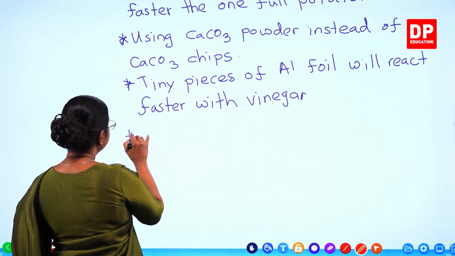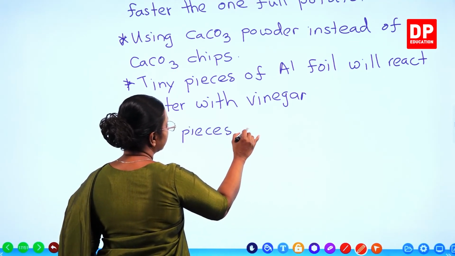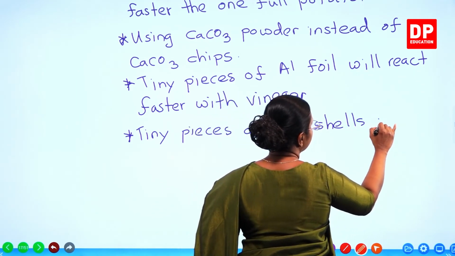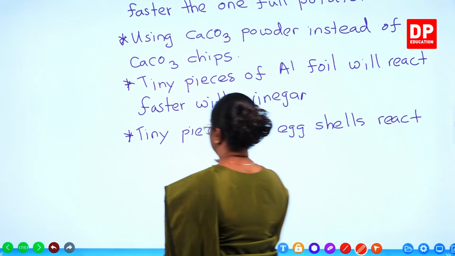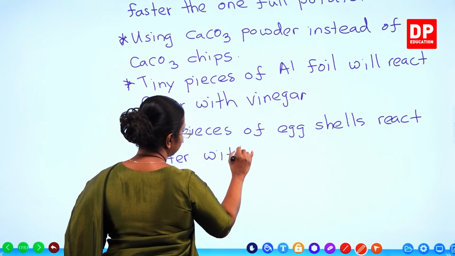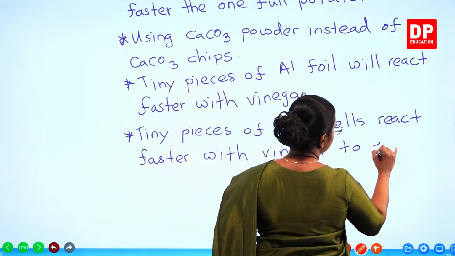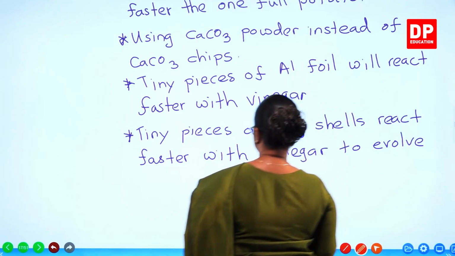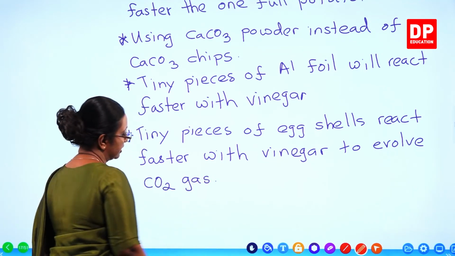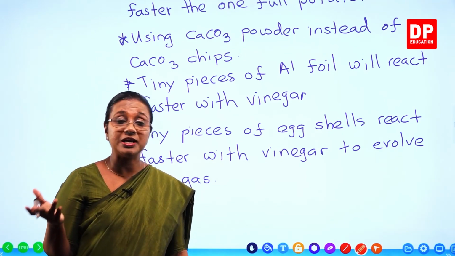So here you can say tiny pieces of eggshells react faster with vinegar to evolve carbon dioxide gas.